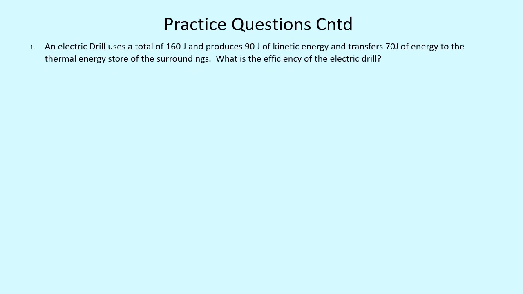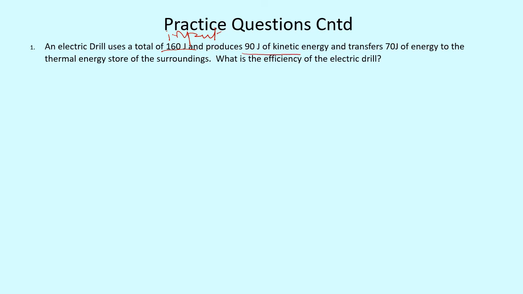So let's start with the mathematical questions. So you already know how particular I am with all the data and stuff. So an electric drill uses a total of 160 joules. So that is the energy. Joules means they are talking about energy. That is the energy given to it. So that is the input energy.